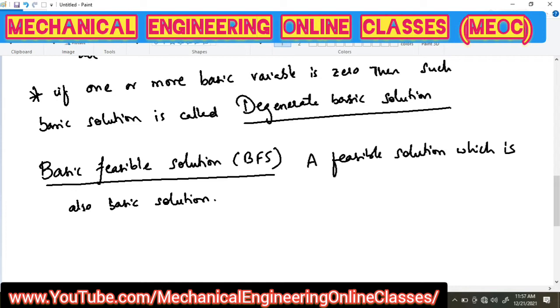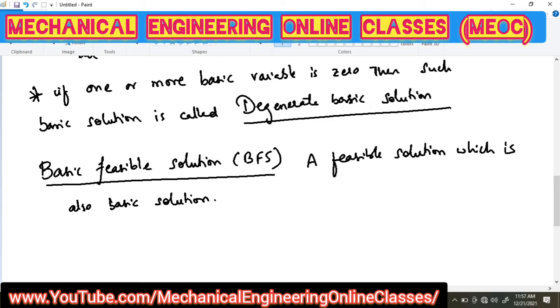Something which is practically possible is called feasible. If a basic variable takes a negative value, that is practically not possible, and that solution cannot be implemented. Such a solution will be an infeasible solution, which we have already seen in our graphical method.